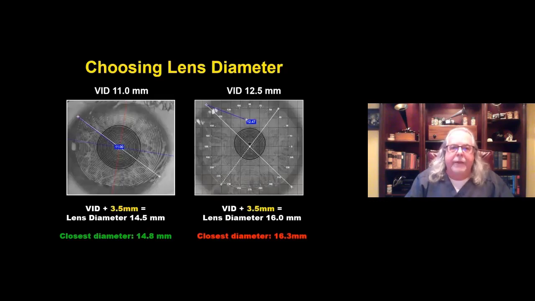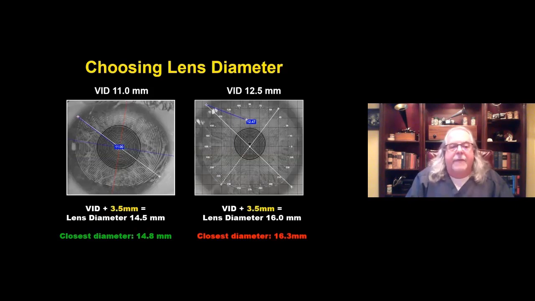Now, one of the real features that I like to use when differentiating where to start with the 14.8 or the 16.3 is really visible iris diameter. And the best way to do this little calculation is to measure visible iris diameter and simply add 3.5 millimeters to that number.